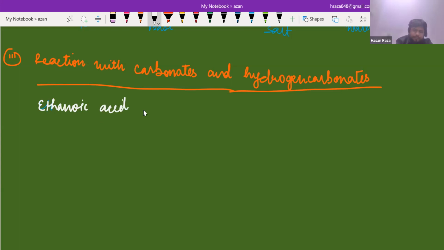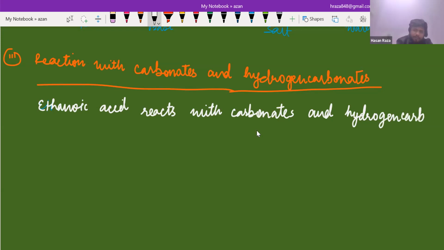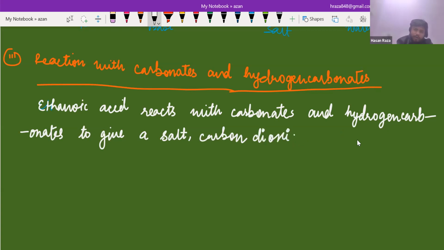Ethanoic acid reacts with carbonates and hydrogen carbonates to give a salt, and carbon dioxide also, and water.